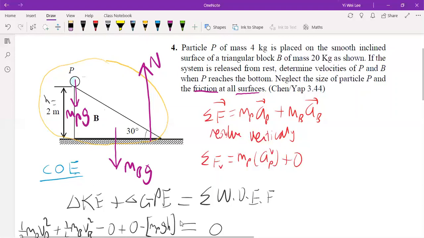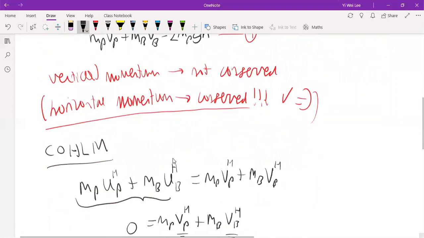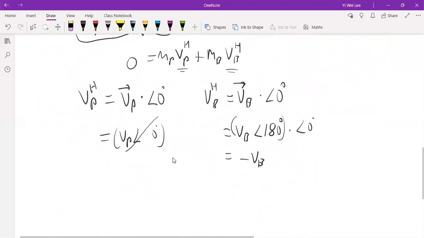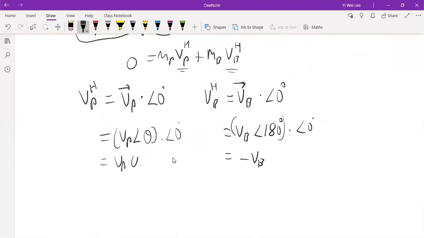I repeat, the velocity of P is not negative 30 degrees. So we cannot dissect the velocity of P this way. We will just give it a random angle theta, where the horizontal component is the velocity of P dot product with 0 degrees, and this becomes Vp cos theta, because theta minus 0 is theta. This is your VPH.